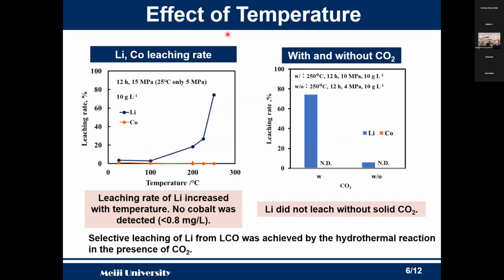First, we investigated the effect of reaction temperature. The left graph shows the leaching rate of lithium and cobalt. You can see the blue line: the lithium leaching rate increased with temperature. No cobalt was detected by ICP-AES.